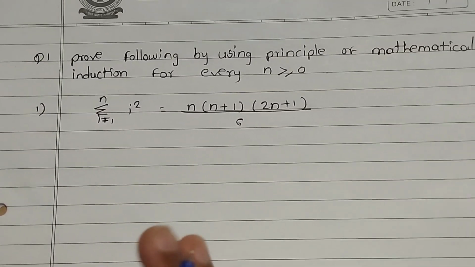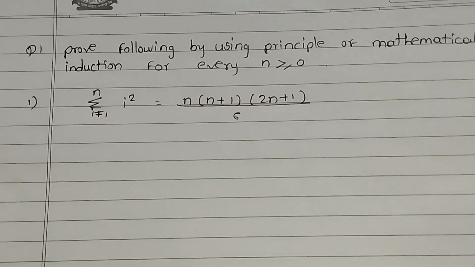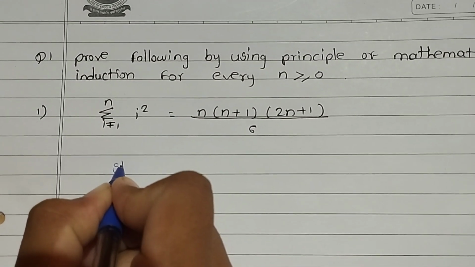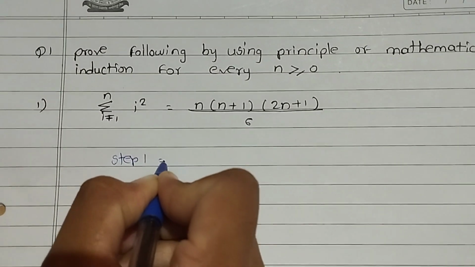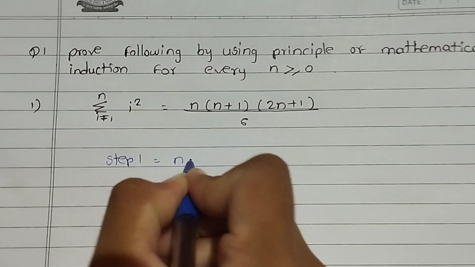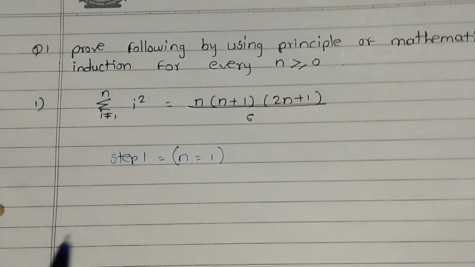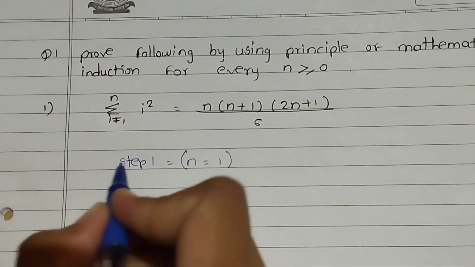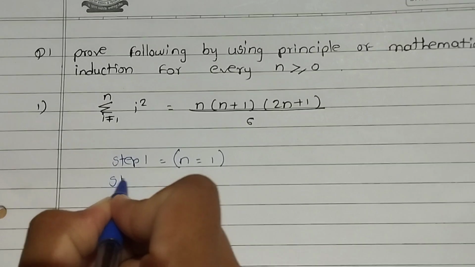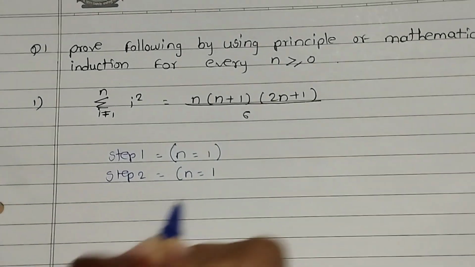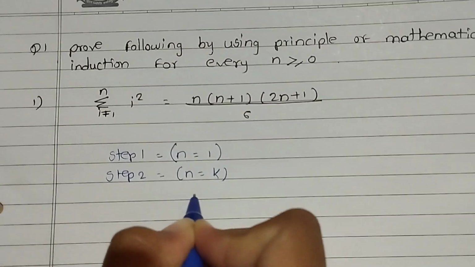Every time we follow only 3 steps. Step 1: put n equal to 1 at the starting of solving the question. Then step 2: put n equal to k.